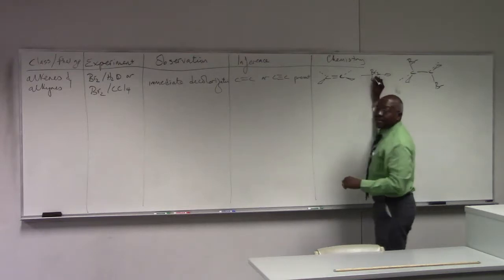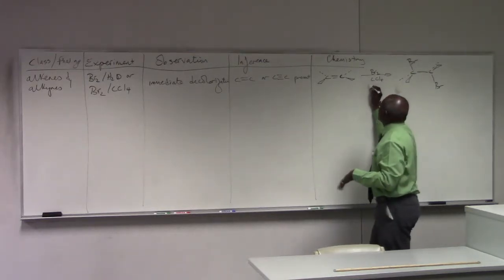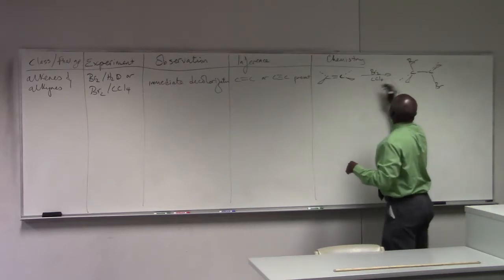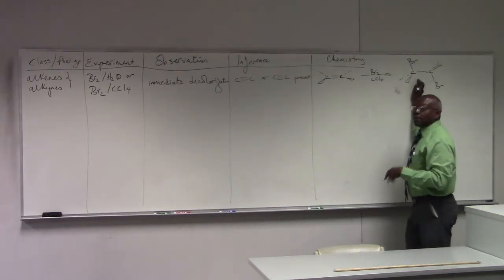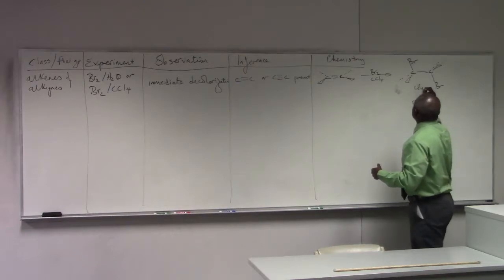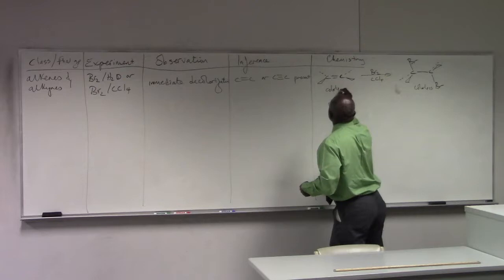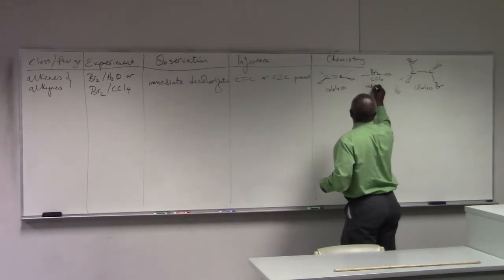I'm not going to go through the mechanism. Bromine in carbon tet is a reddish brownish color, whereas the dibromo compound is colorless. The alkene is typically colorless too.